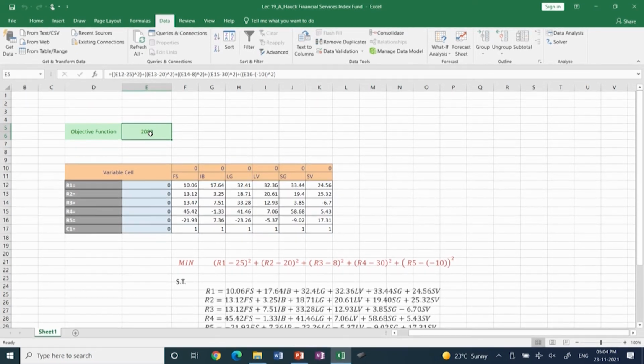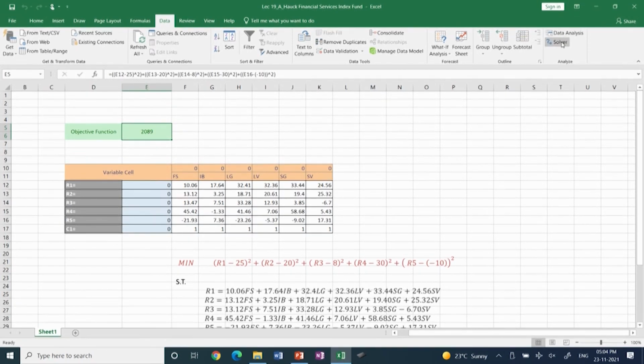So, (R1 minus 25) whole square plus (R2 minus 20) whole square. What is R2? E13. Then (E14 minus 8) whole square plus (E15 minus 30) whole square plus (E16 minus 10) whole square. That is my objective function.